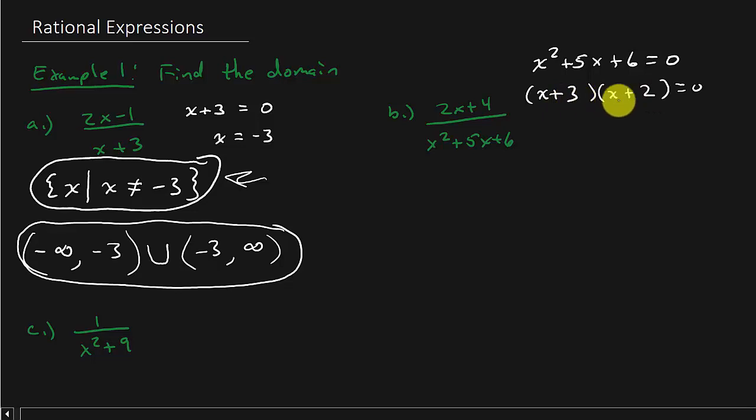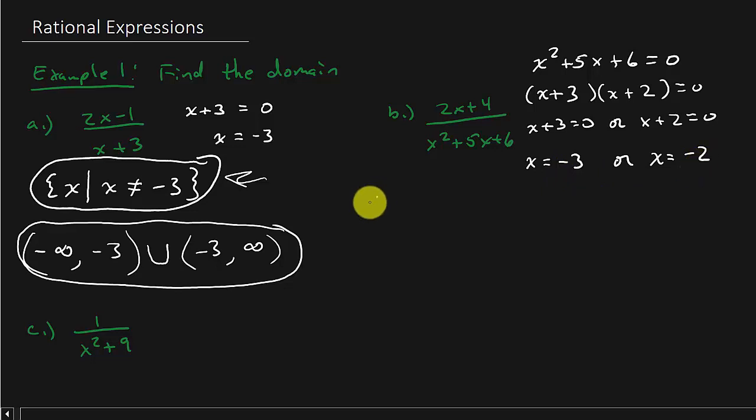Then we set each factor equal to 0: x plus 3 equals 0 or x plus 2 equals 0. Then we solve each one individually, so x equals -3 or x equals -2. So the domain is all real numbers except for -3 and -2.